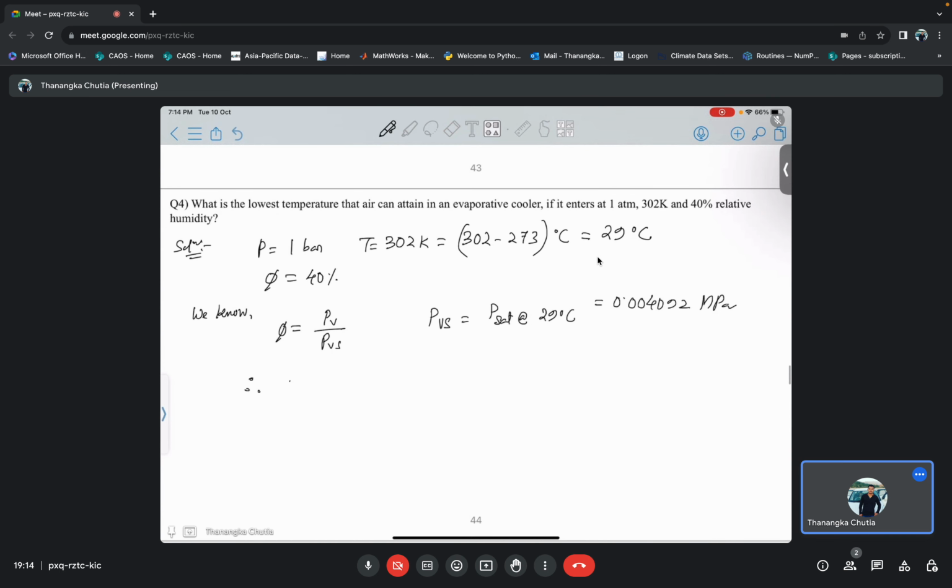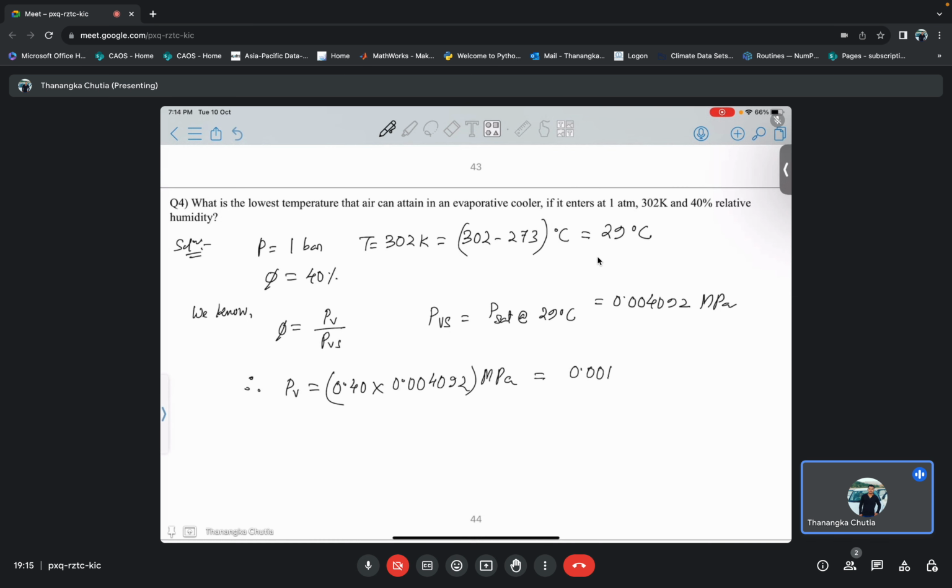Therefore PV is equal to 0.40 into 0.004092 megapascal, so this will be 0.00160368 megapascal. Okay, so this is my PV.